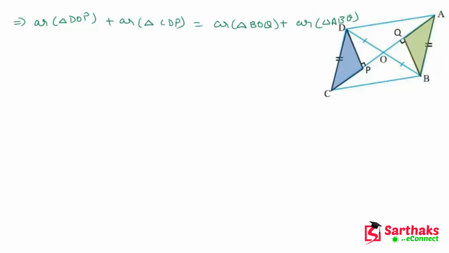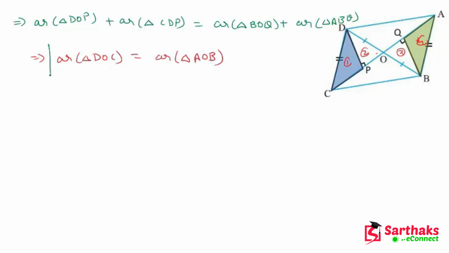If we add this area and this area, we get area of triangle DOC. And if we add this area and this area, we get area of triangle AOB. So area of triangle DOC is equal to area of triangle AOB.